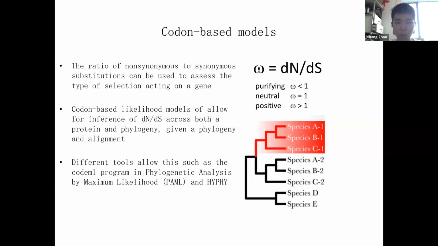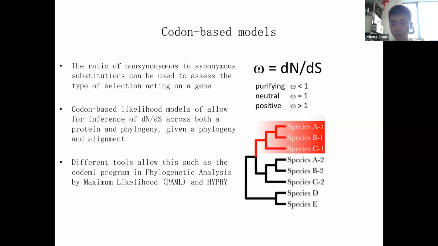For my project, I specifically chose to use phylogenetic analysis by maximum likelihood, and more specifically 2 models implemented in PAML, which are called clade model D and clade model C. Those models allow me to estimate a separate dN/dS ratio for the target species and the rest of the species in the phylogeny.